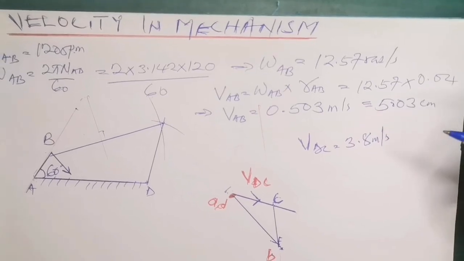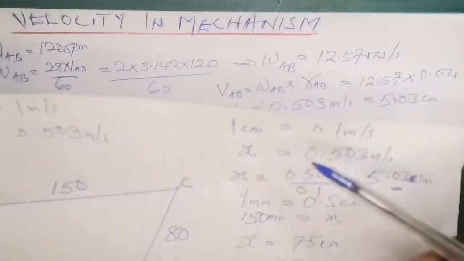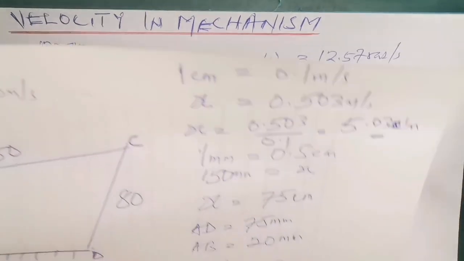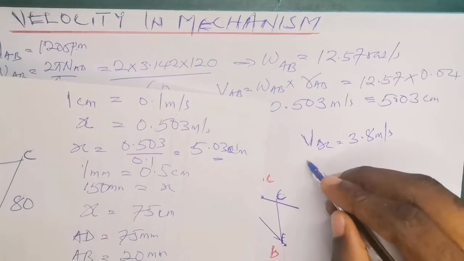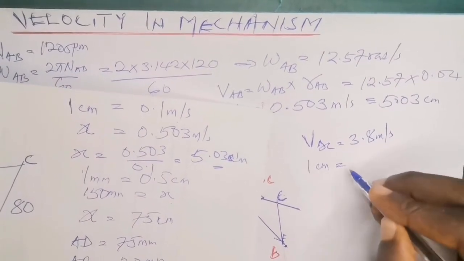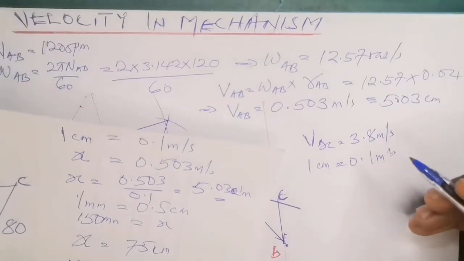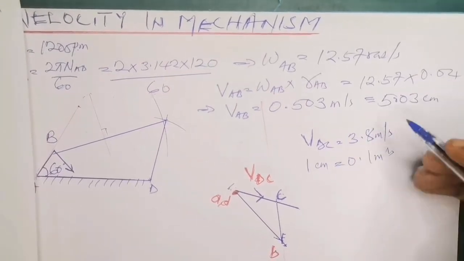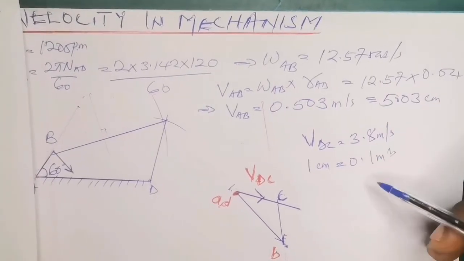But you recall we took a scale earlier, and we simply said let 1 centimeter be equivalent to 0.1 meters per second. So if we apply that scale, if 1 centimeter is equal to 0.1 meters per second, then in order to obtain the velocity at CD, we simply multiply this by what?